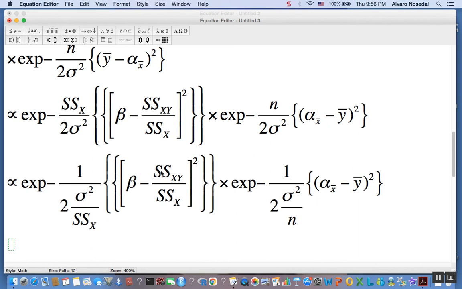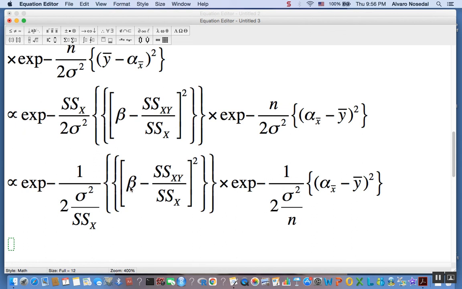And this is the likelihood of a normal with mean SSXY divided by SSX and variance sigma squared divided by SSX, right? And this is the likelihood for a normal with mean y bar and variance sigma squared divided by n.